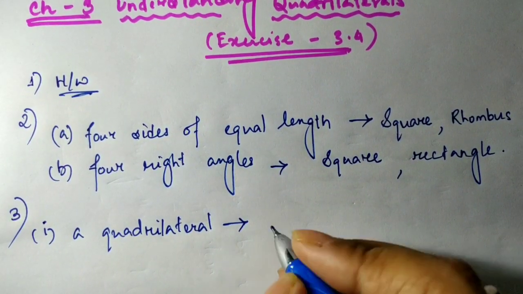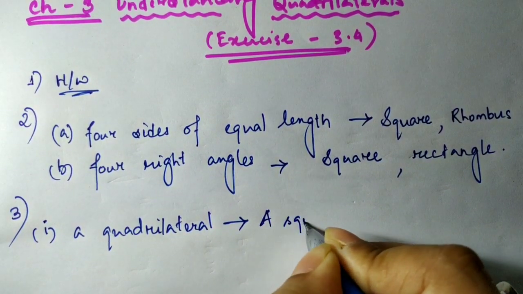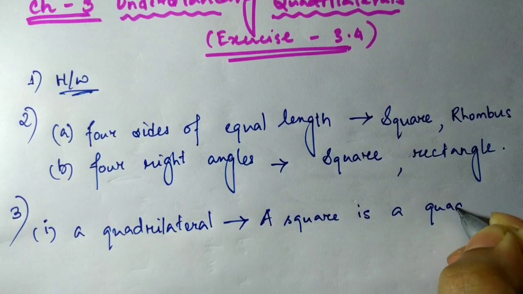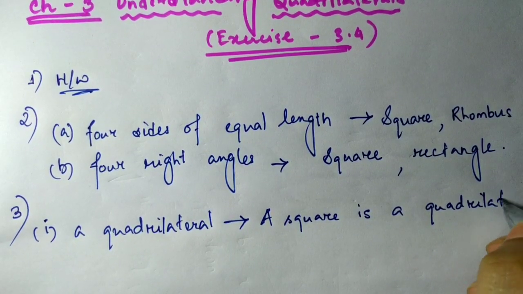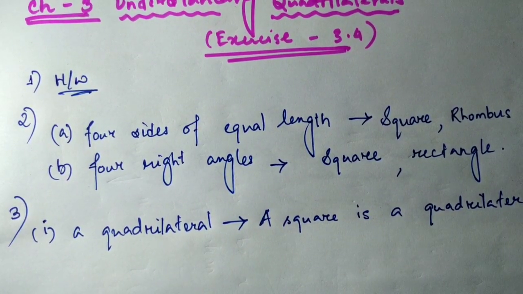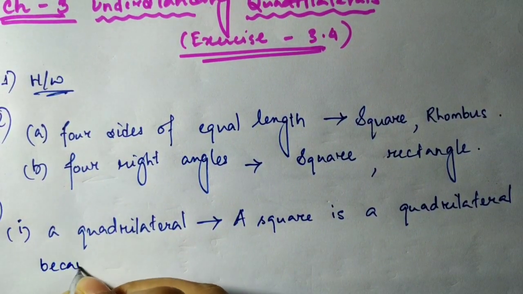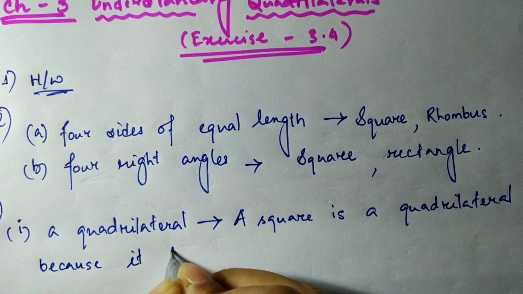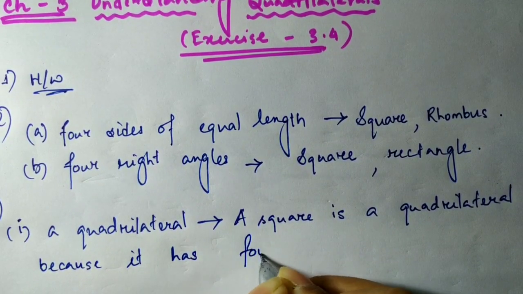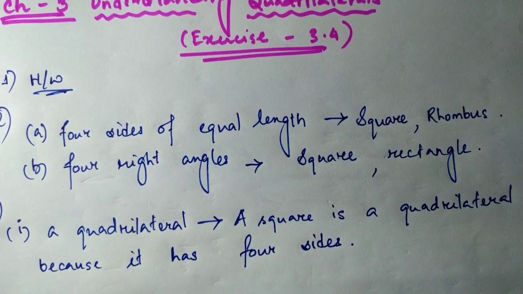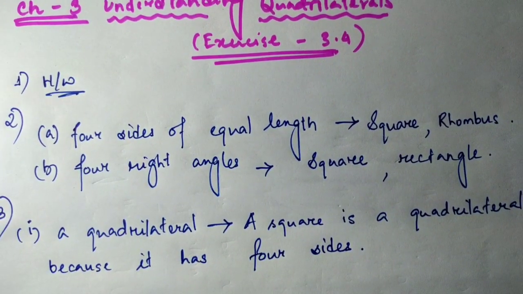A square is a quadrilateral. Quadrilateral means what? It has 4 sides, right? So a square is a quadrilateral because it has 4 sides. It's just a 1 mark question, so you just need to write one statement, one reason for it.